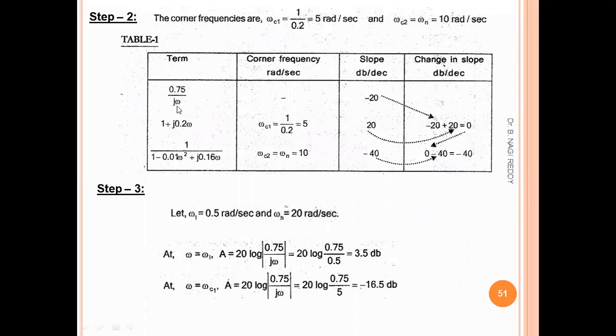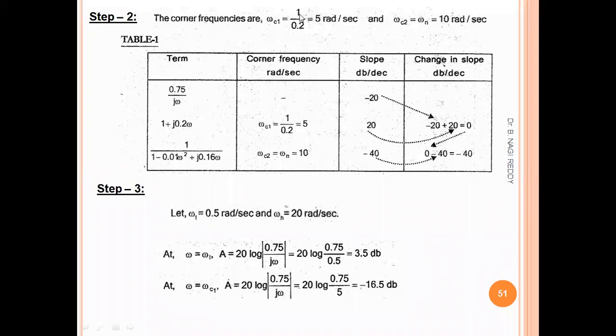So take the first term. However, the arrangement of the terms must be based on the corner frequency levels. So that's why we have to calculate the corner frequencies. We know how to calculate the corner frequency.